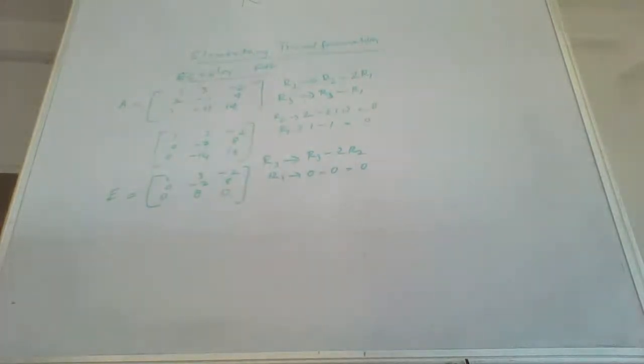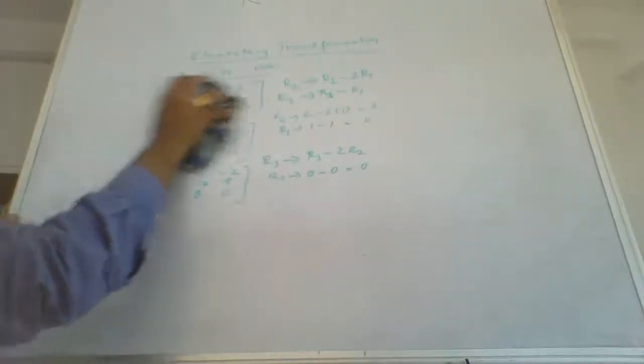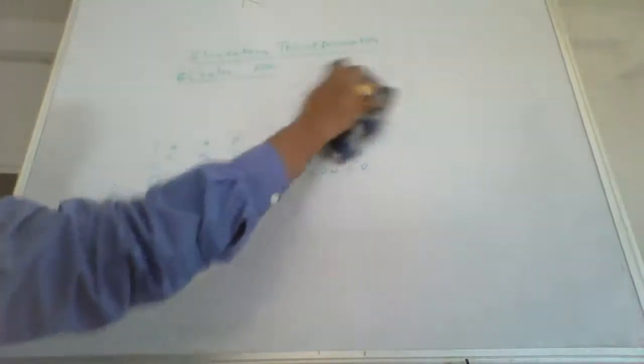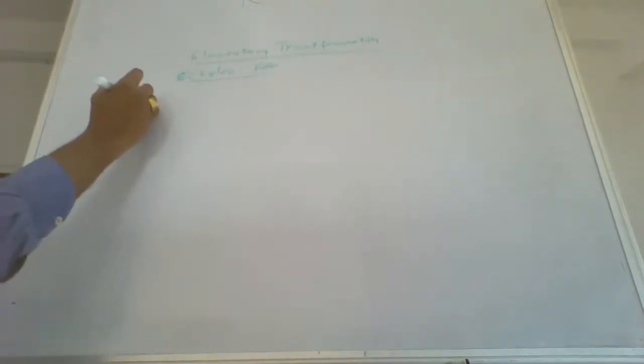Let me try to explain another problem which is also very important. The problem I'm explaining here is on the echelon form. Please listen carefully. I have the matrix A again.